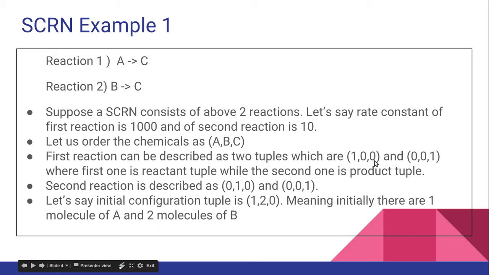The first reaction can be written as 1,0,0 and 0,0,1, which means 1 times A plus 0 times B plus 0 times C on the reactant side, producing 0A, 0B and 1C, effectively A going to C. The second reaction can be defined as 0A, 1B and 0C on the reactant side, and on the product side 0A, 0B and 1C, effectively B going to C. Now we want to set the initial configuration. By initial configuration I mean the initial concentration of the tuple: 1 molecule of A, 2 molecules of B.